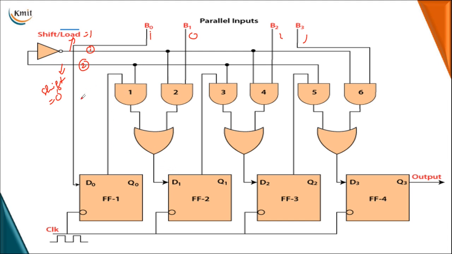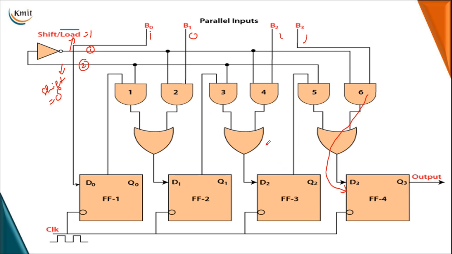Hence B0 is directly connected to D0, B1 is connected through the 2nd AND gate and OR gate to the data input, B2 is connected through the 4th AND gate and OR gate to D2, and B3 is connected through the 6th AND gate and OR gate to the data input 3. Like this you are going to enter your parallel data.